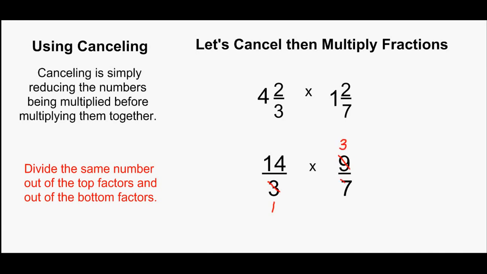I can divide 7 by 7 on the bottom and get 1, and divide 14 by 7 and get 2. Now multiply across the top. 2 times 3 is 6. Multiply across the bottom. 1 times 1 is 1. 6 divided by 1 is 6.